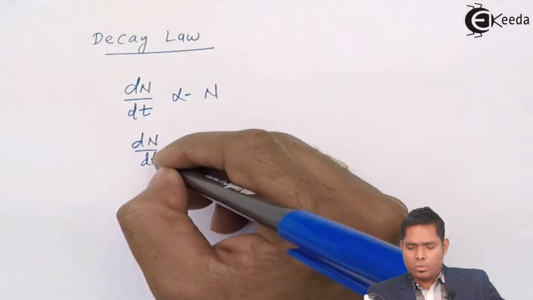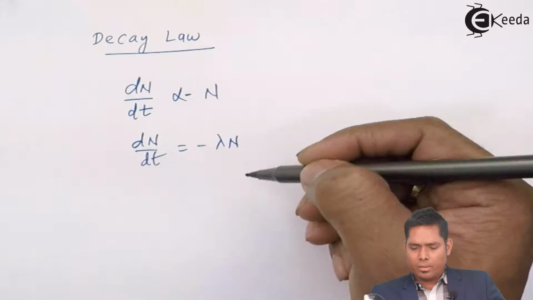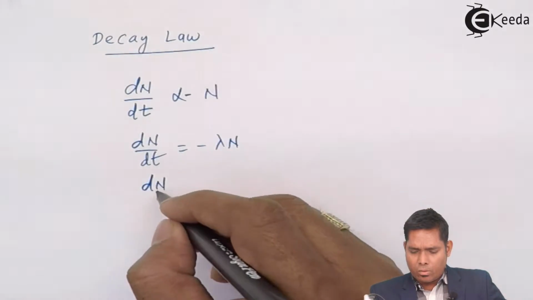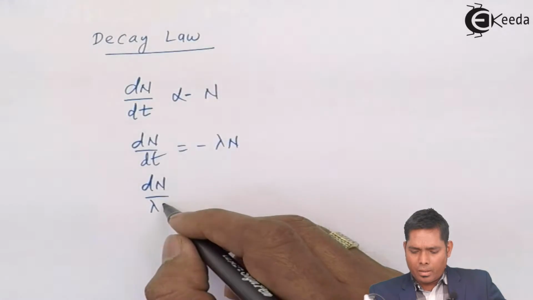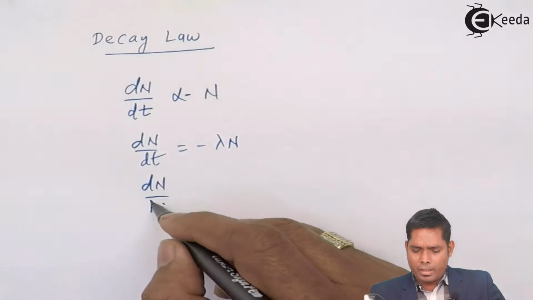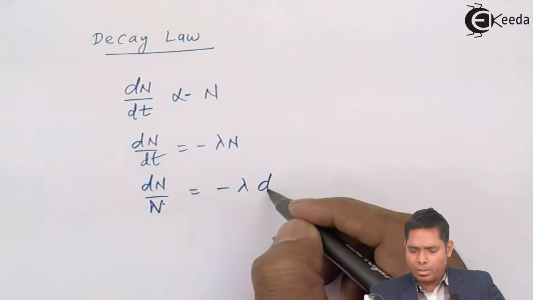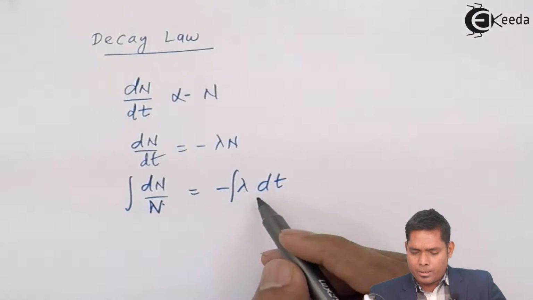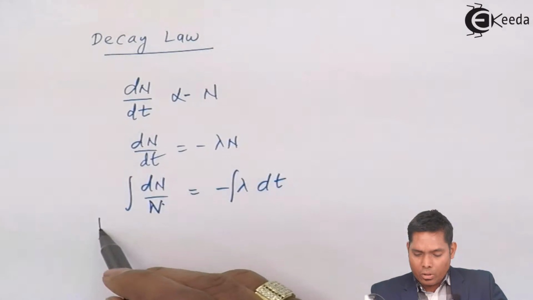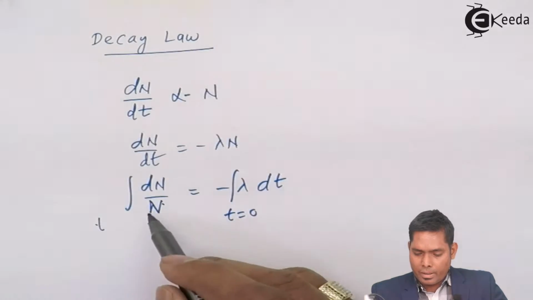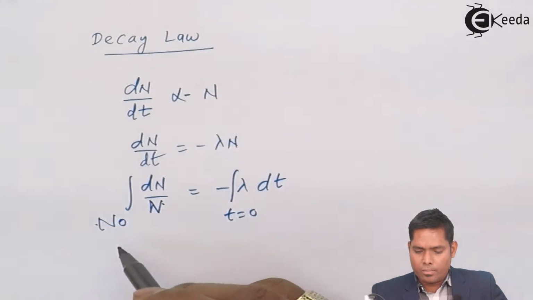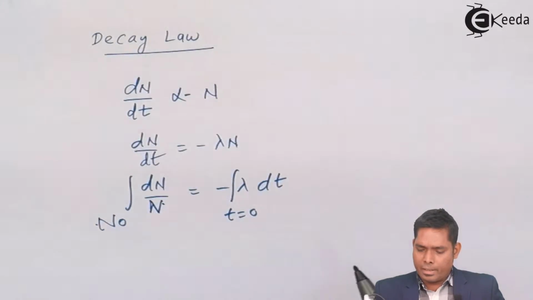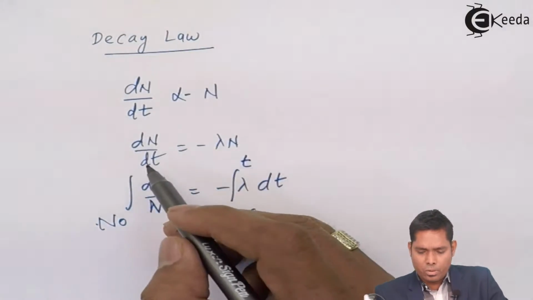So dn over dt is equal to minus lambda into n. From here dn over n equals minus lambda dt. If I take integration, when time t equals 0, my n value is n0, because initially I have taken n0, and after time t it is n.